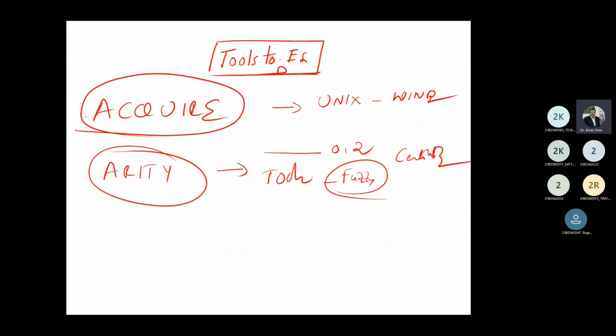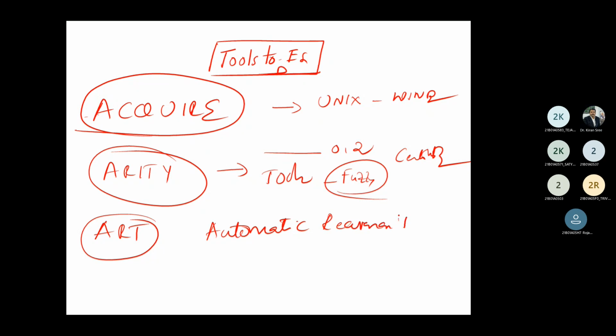For that, you have a tool called ART, Automatic Reasoning Tool. RT itself is the name of the company. They are developing various tools, like the automatic reasoning tool, which will tell you why this conclusion was taken by this expert system.